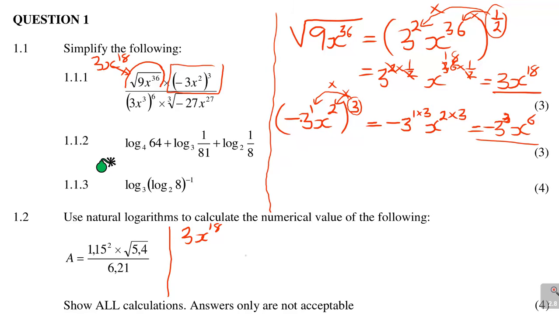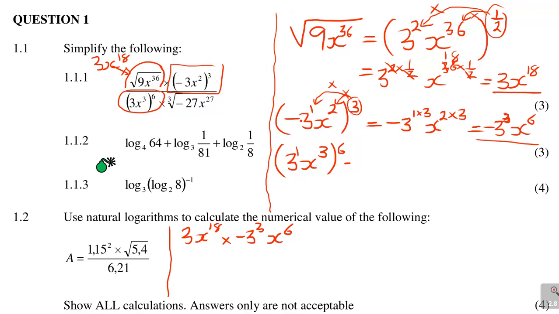So you will have negative 3 to the power of 3, x to the power of 6. You see that, guys. And then at the bottom, which is the denominator, we have 3x to the power of 3, similar to the one I just did, and then this is to the power of 6.